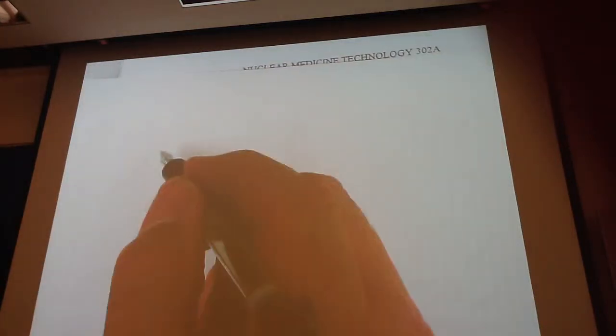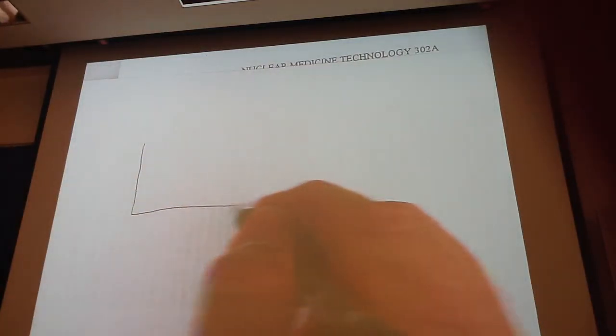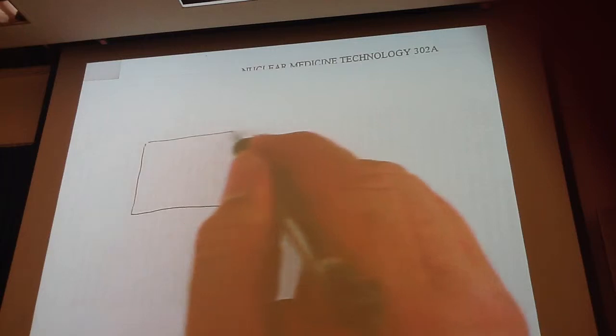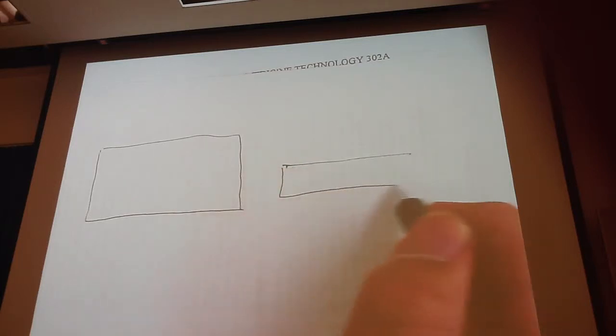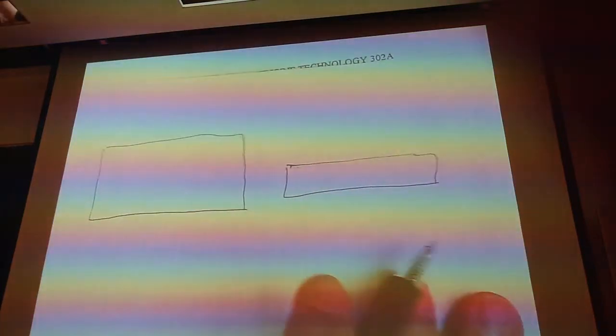Okay, remember we talked a little bit about how the thickness of the crystal affects sensitivity and resolution. Okay, so here we have 2 sodium iodide crystals.